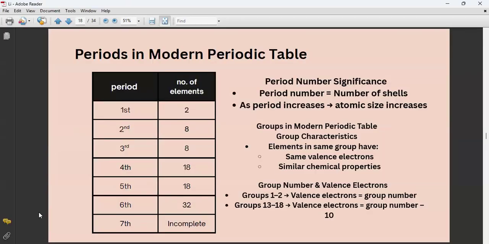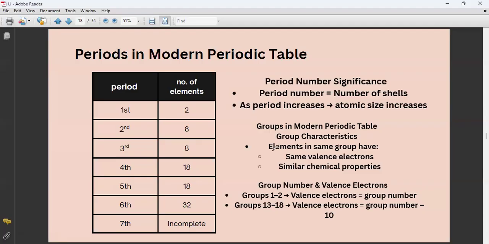Now here are some periods in the modern periodic table. Period number significance: the period number is the number of shells, and as the period number increases, atomic size increases. Now, how are the elements classified in the modern periodic table?